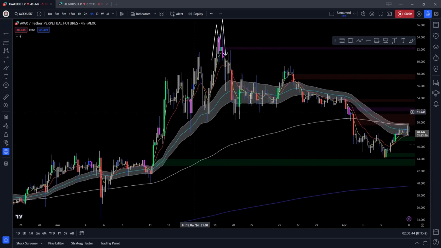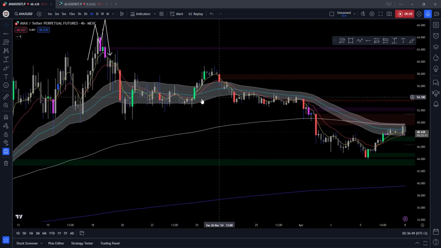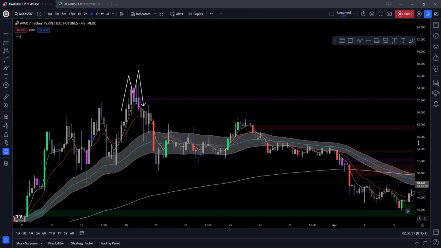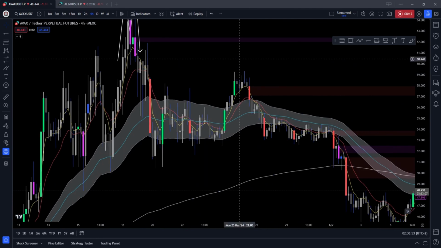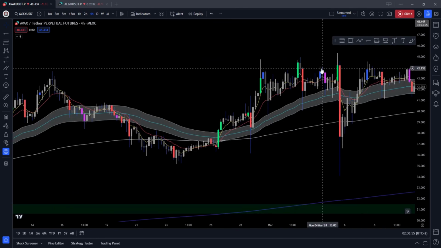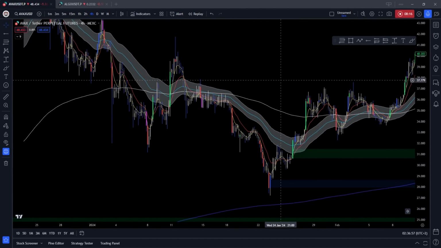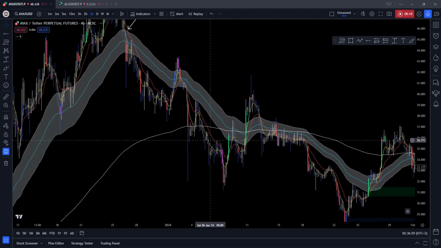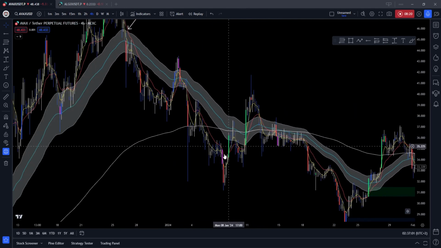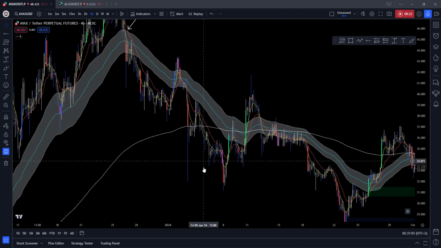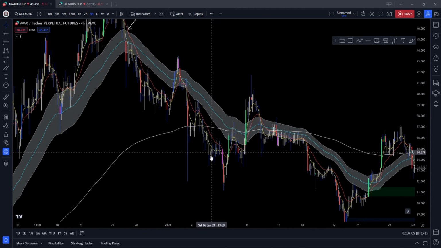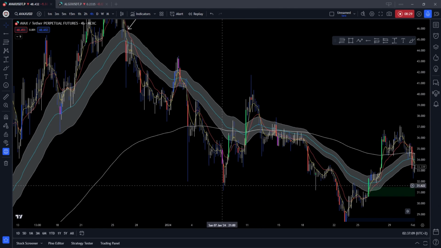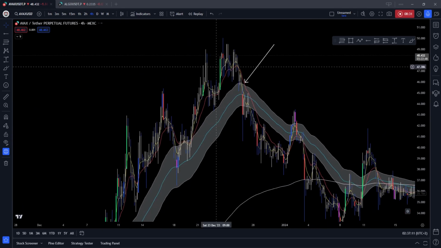I like trading when it's more ranging and not really consolidating. When I say ranging, I mean when you have actual highs and lows that are really clean. So this is what I would see as ranging. It's stuck in this place right here, but you have some highs and lows to work on.